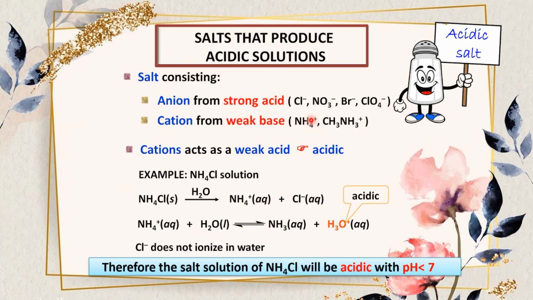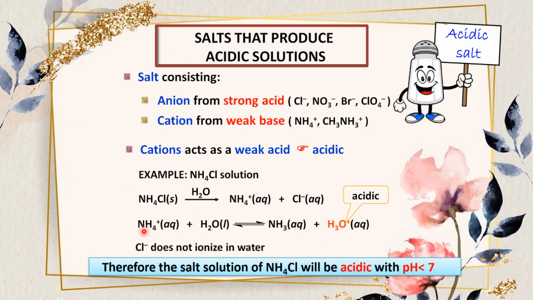That is ammonia. Because of that, only ammonium ion can ionize in water, whereas the chloride ion cannot ionize in water. So when ammonium ion ionizes in water, it will react as a weak acid.